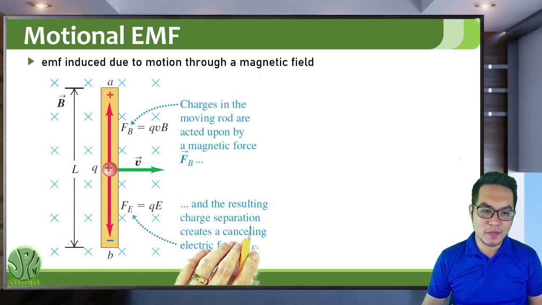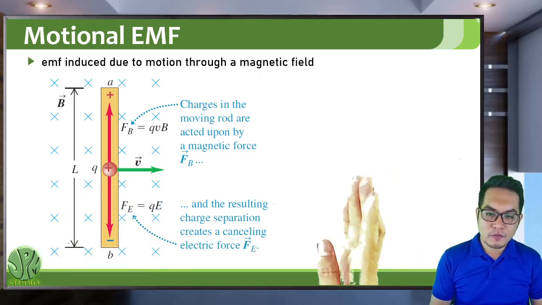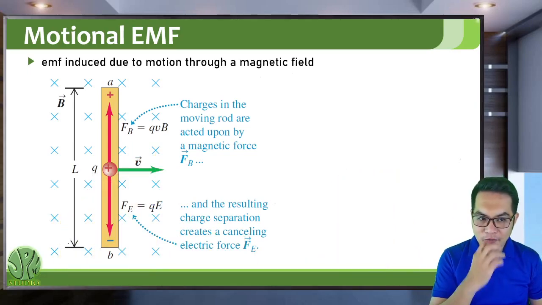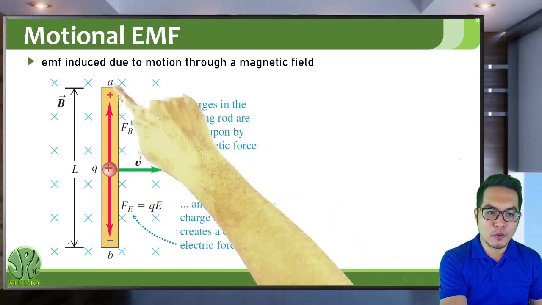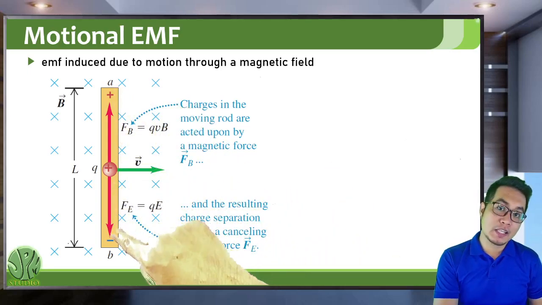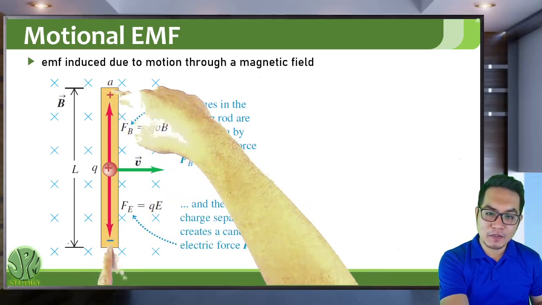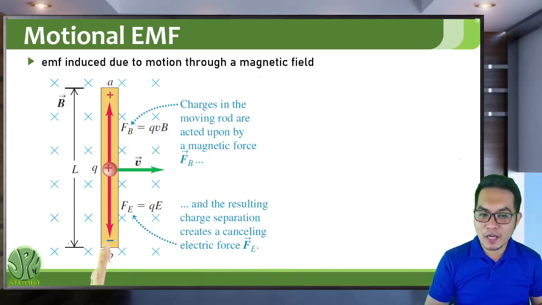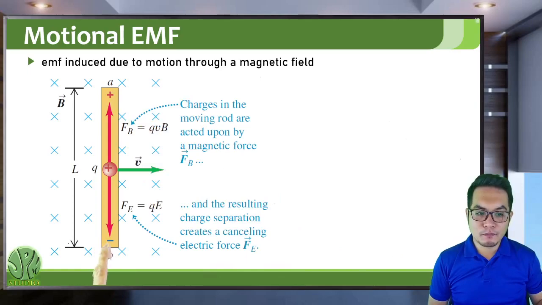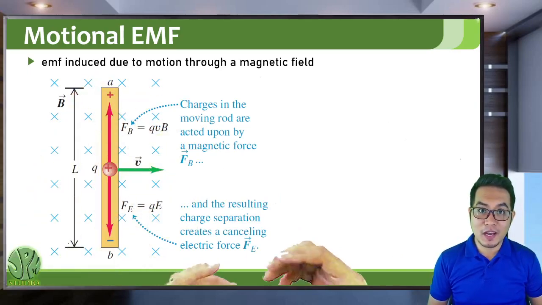What will happen is the charges in the bar will experience a magnetic force equal to QV cross B. Meaning if you take the cross product of V cross B, the positive charges will be pushed upward and the negative charges will be pushed downward, and this creates a potential difference. So the upper part of the conductor is now a positive terminal, and the lower part becomes a negative terminal, essentially making the conductor a source of EMF, or a battery.